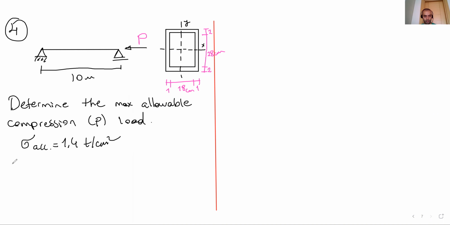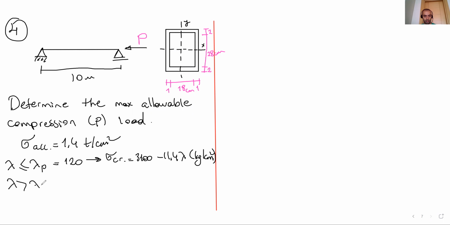And lambda less equal lambda P, sigma critical equals the empiric equation. All these are in kilogram centimeter square.